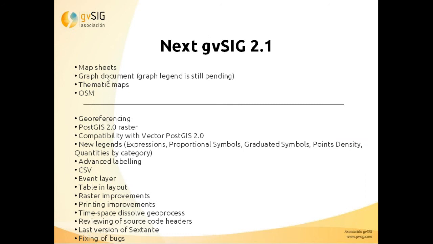And other new functionalities, most of them migrated from gvSIG 1, are georeferencing, new legends, advanced labeling, event layer, and others.